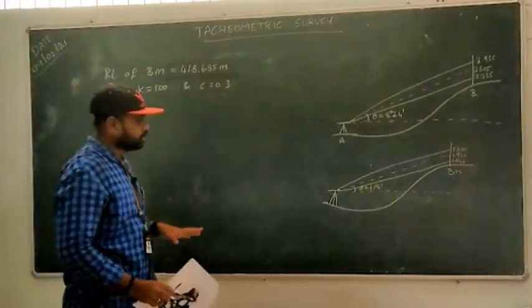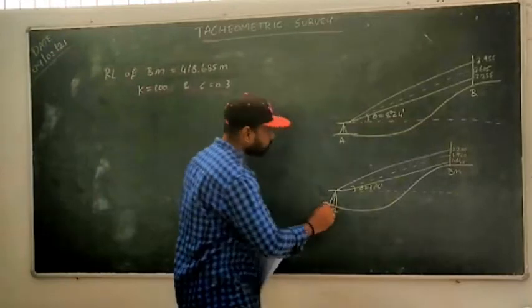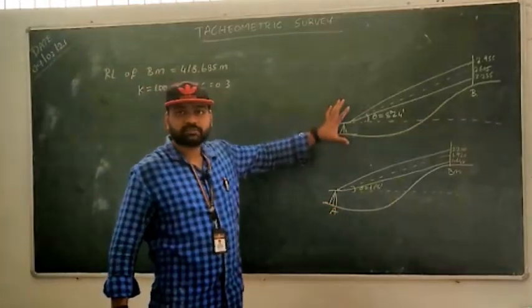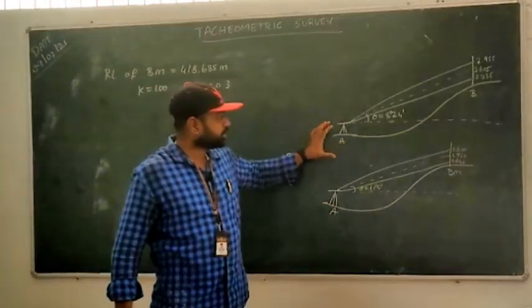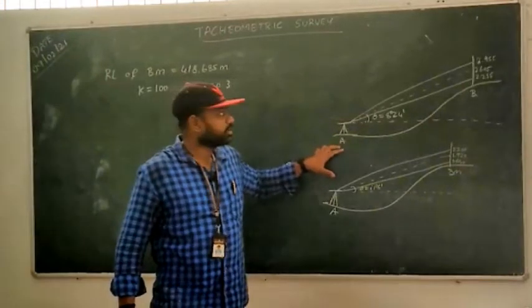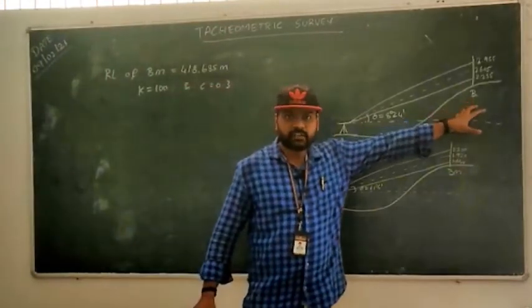So here you have to understand what is given. First is the instrument point, that is A. From A, the staff is held at B vertically.